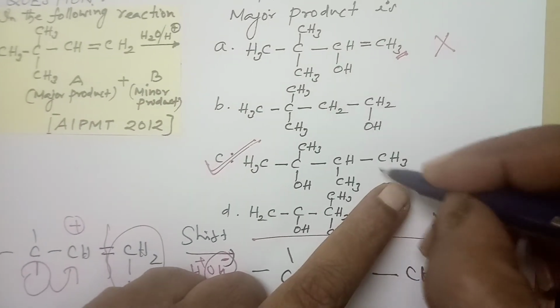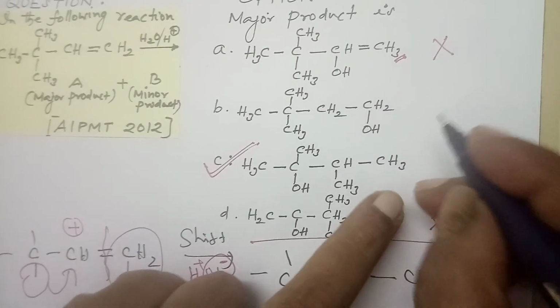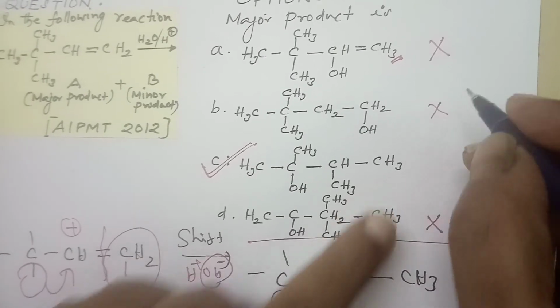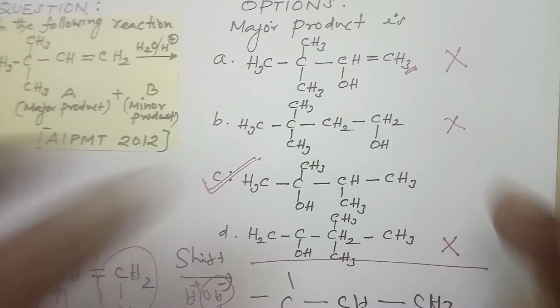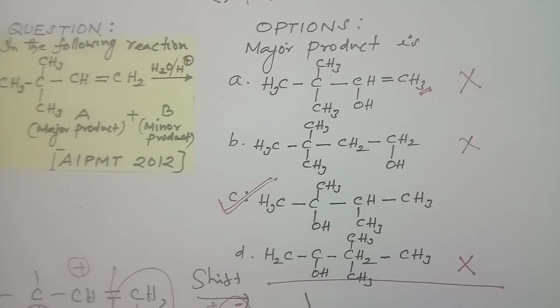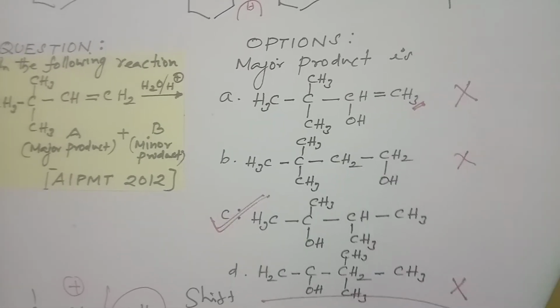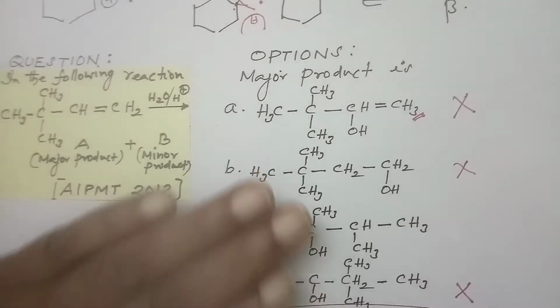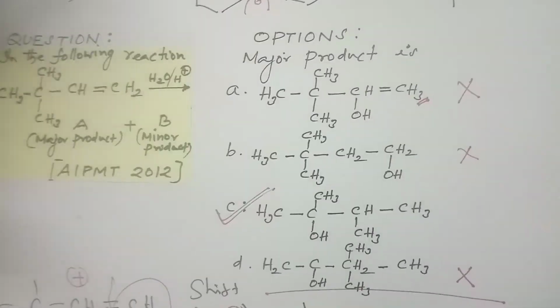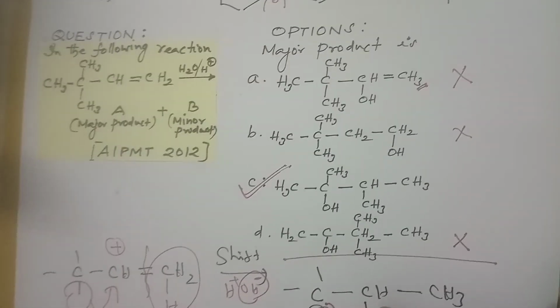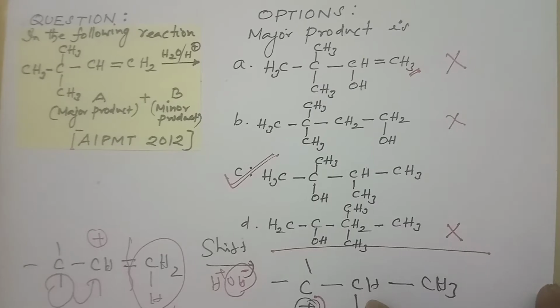Among the two, this terminal should be CH3, so like that you can eliminate this also. Without doing the reaction you can select this answer. Like that you can do it in a fast manner. So this is simply Markovnikov with a methyl shift. This one is elimination, there is no stable carbocation, so no shift at all.